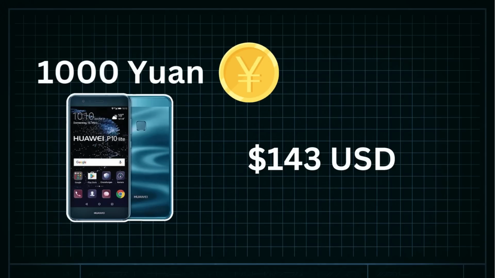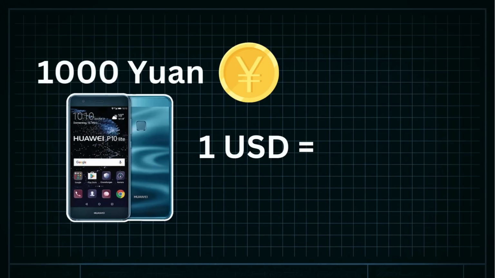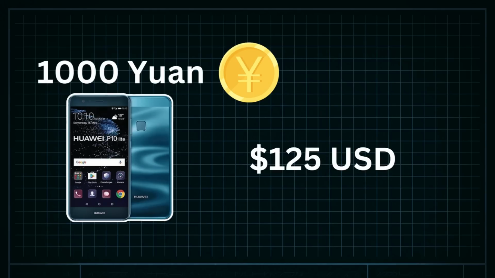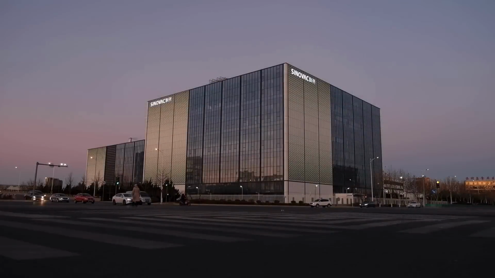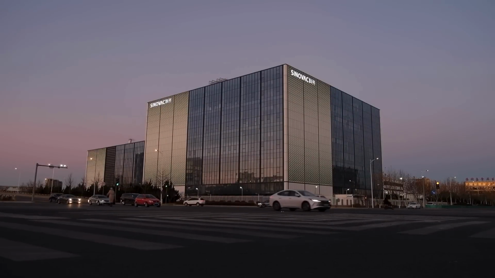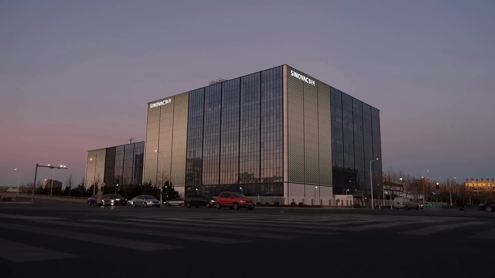However, if China were to manipulate its currency and weaken the yuan, say, to 8 yuan per USD, that same smartphone would now cost only $125 internationally. This drop in price makes Chinese goods more attractive to foreign buyers, increasing exports and boosting the domestic economy.